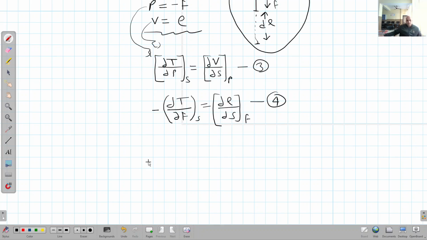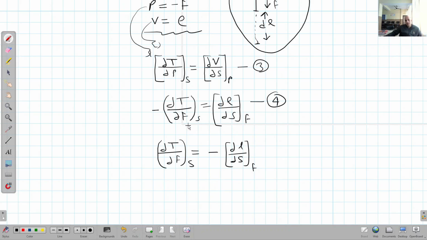Now I can modify this relation. (∂T/∂F)_S is equal to negative (∂L/∂S)_F.